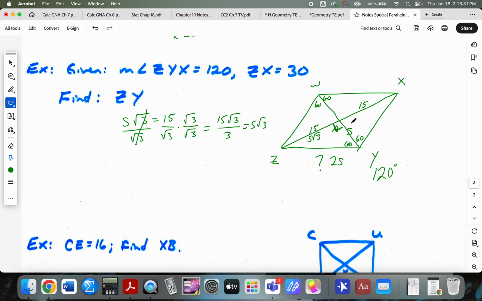It's 5 square roots of 3 for S. So then 2 times that for the hypotenuse is what we want to know, and that's 10 square roots of 3. So lots of opportunity for you to practice 30, 60, 90 triangles, 45, 45, 90 triangles, and the Pythagorean theorem on this.